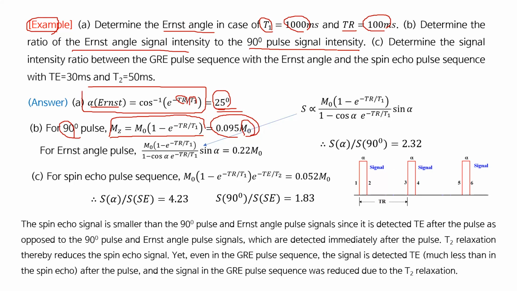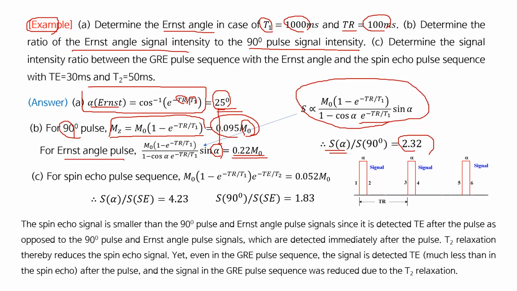And for the largest angle pulse, we have the expression here for signal intensity. Alpha is 25 degrees here, so we can get 0.22 m0. So the ratio of the largest angle signal intensity to the 90-degree pulse intensity is 2.32.